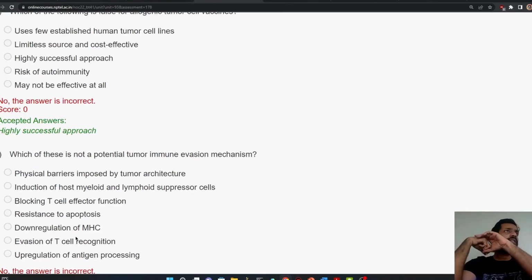Which of the following is not a potential tumor immune evasion mechanism? Physical barriers imposed by tumor architecture, induction of host myeloid and lymphoid suppressor cells, blocking T cell effector function, resistance to apoptosis, downregulation of MHC, evasion of T cell recognition, upregulation of antigen processing.